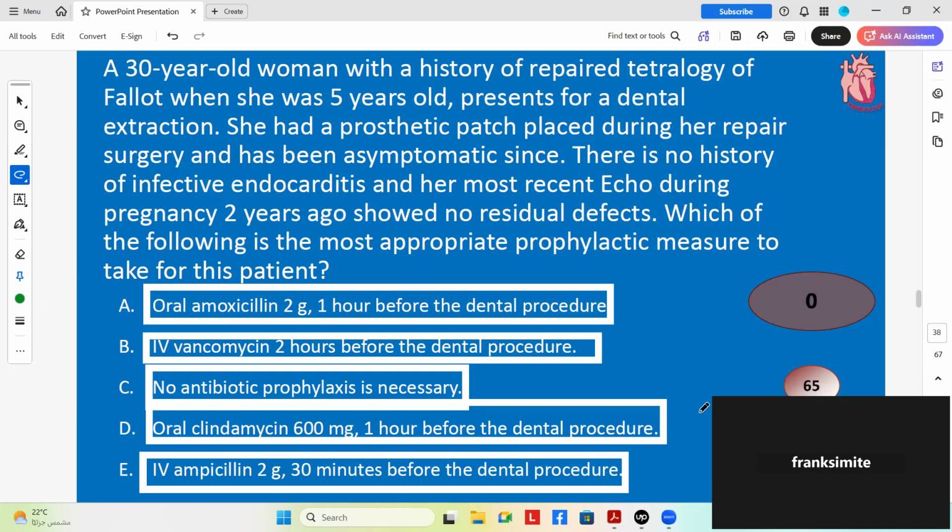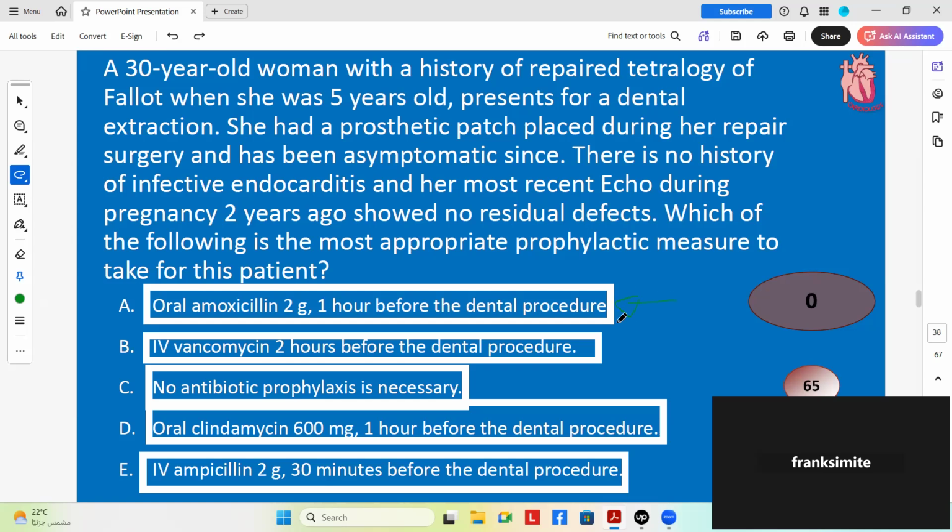Which of the following is the most appropriate prophylactic measure to take for this patient? A, oral amoxicillin 2 grams 1 hour before dental procedure. B, IV vancomycin 2 hours before dental procedure. C, no antibiotic prophylaxis is necessary. D, oral clindamycin 600 milligrams before the dental procedure. E, IV ampicillin 2 grams 30 minutes before. So I'm between A and C right now.